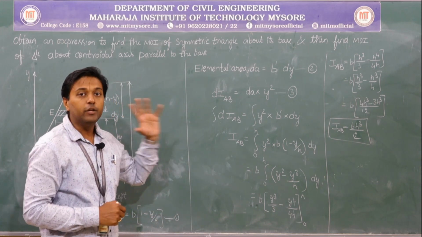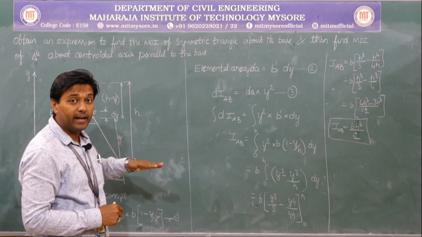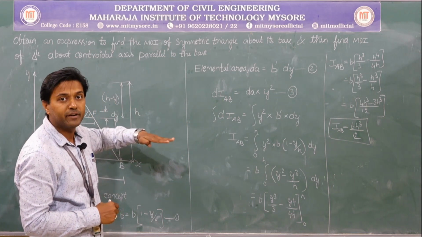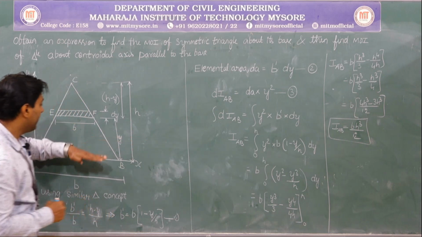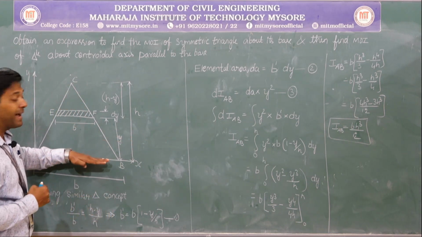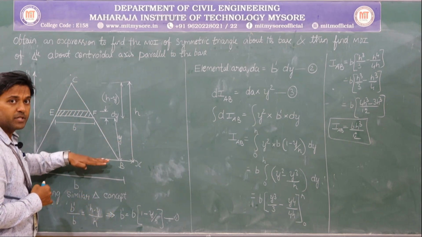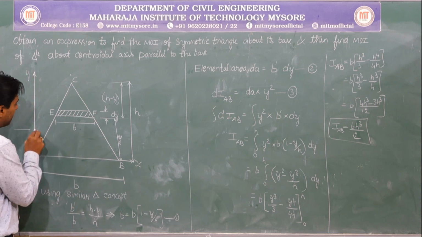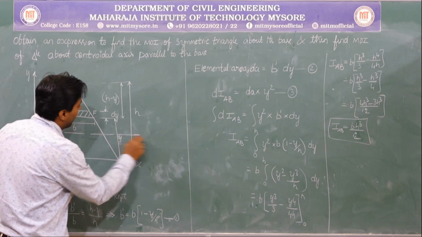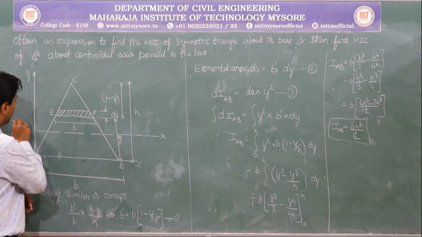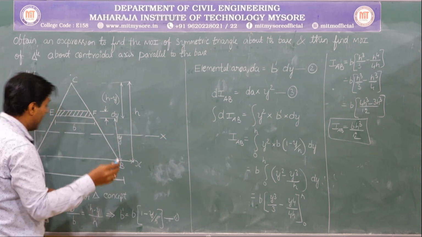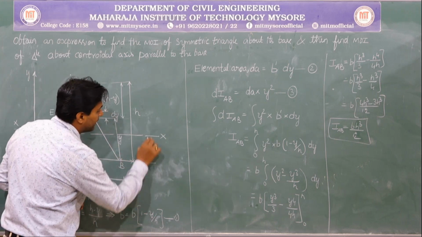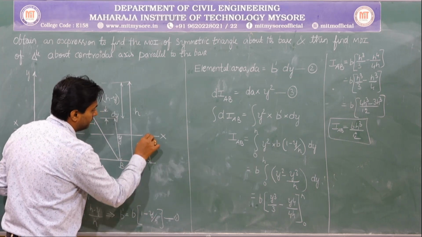In centroid, you people have studied where the centroidal axis comes for a symmetric triangle. So I want the centroidal axis parallel to the base. I think you people remember that for a symmetric triangle, the centroidal axis XX lies at a distance h by 3. I think you people remember this.